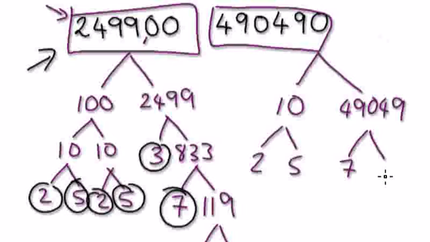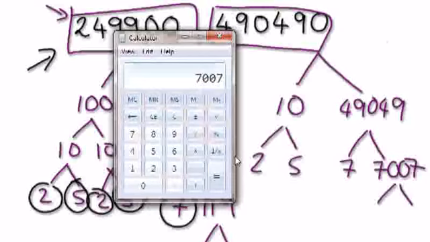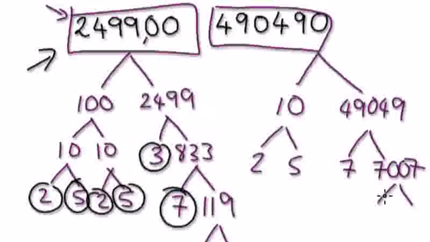So you can imagine this number as 7 times 7007. Now let's see if 7007 divides by 7 again. Yep, it divides. So you can think of this number as 7 times 1001.